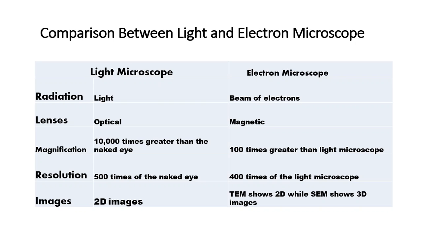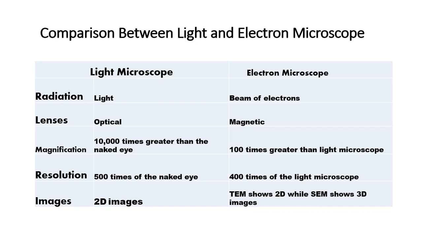The light microscope produces 2D images, and the TEM shows you 2D images, while the scanning electron microscope will show you 3D images. I hope you have understood this topic.